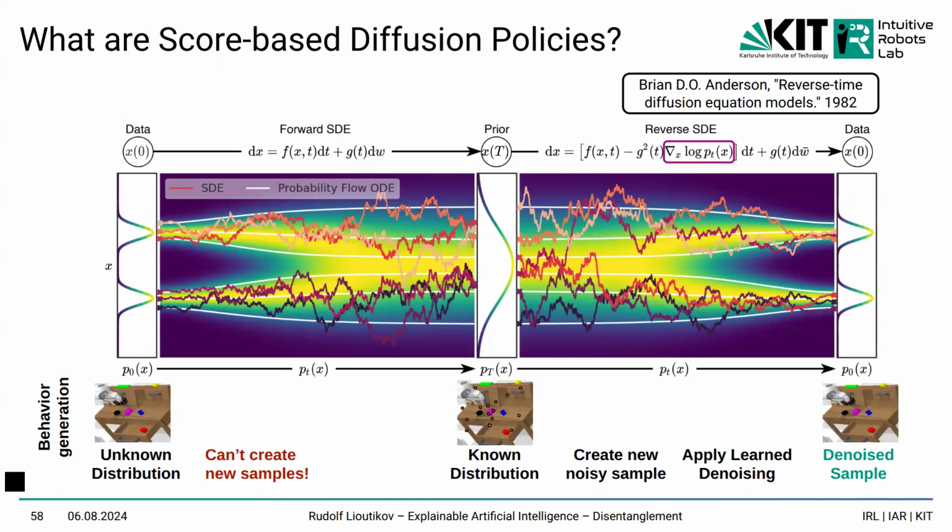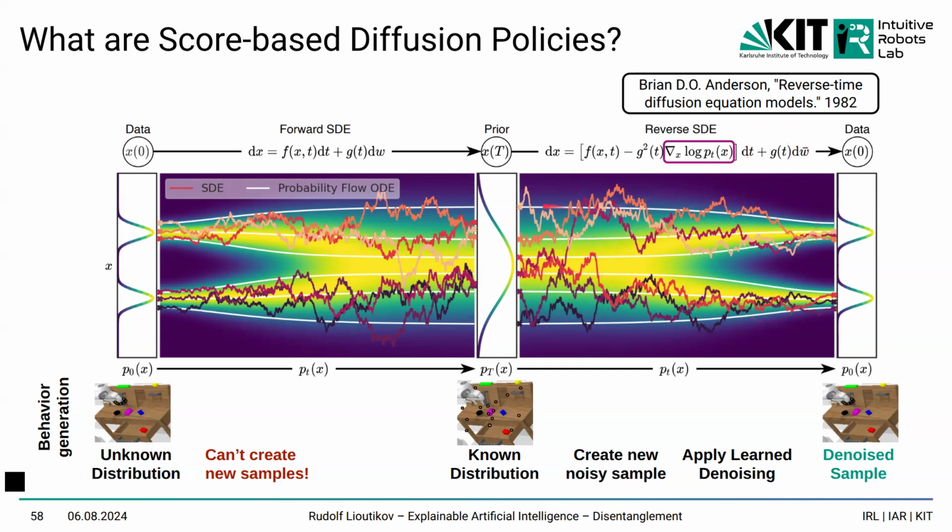Something that I didn't mention here, but we will mention in a second: the red and black squiggly lines are the actual SDE trajectories, or samples from the SDE, including the noise injection term. This part is sometimes called Brownian motion or Wiener process, and it causes the wiggliness.